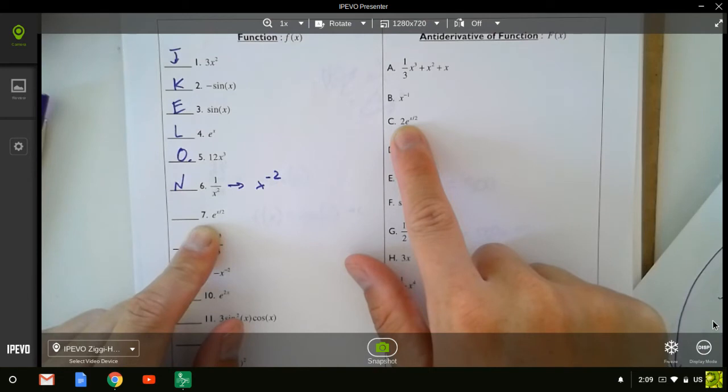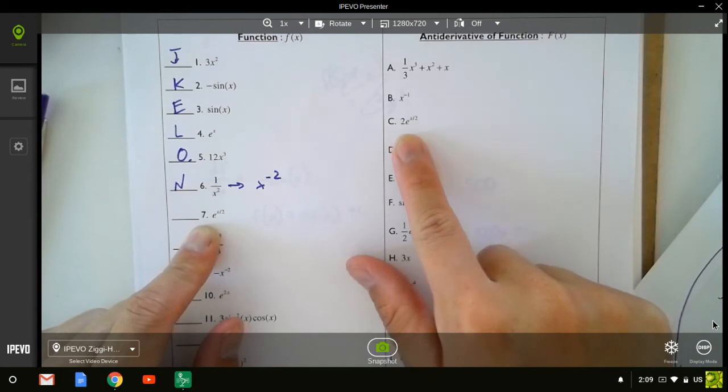If you just took the derivative of this, for instance, you would get e to the x over 2 times 1/2. So if you just added 2 to the beginning, because the constant stays, they'll cancel. You'll just get e to the x over 2.